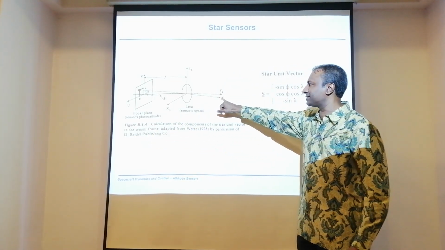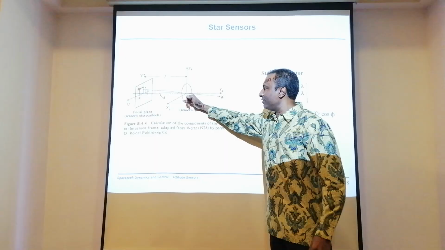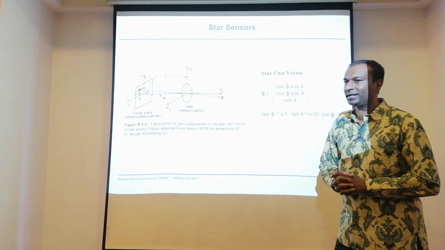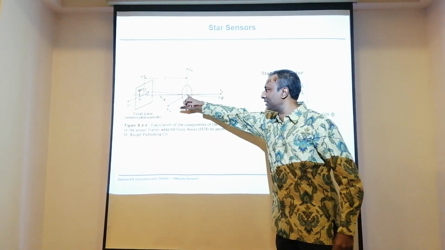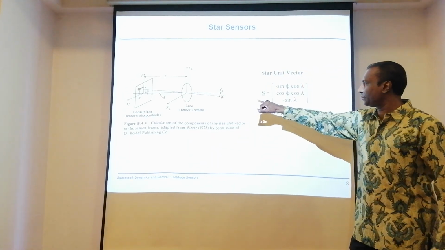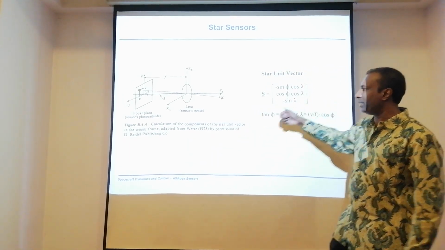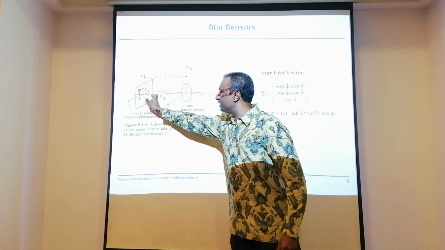Assume you are looking at the star, and we fix the body coordinates, we fix x, y, z, and with respect to x, y, z, you should be able to calculate the deviation.